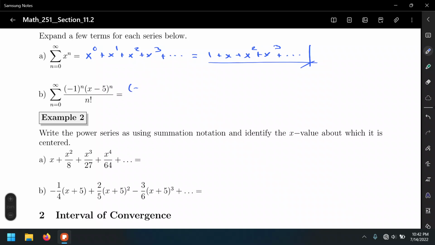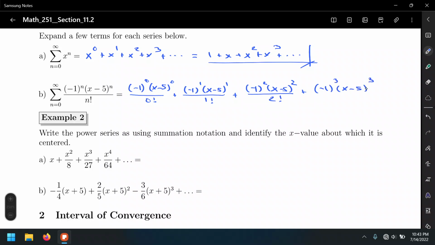So we're going to have negative 1 to the 0, x minus 5 to the 0 over 0 factorial, plus negative 1 to the first, x minus 5 to the first over 1 factorial, plus negative 1 to the second, x minus 5 to the second over 2 factorial, plus negative 1 cubed, one more, why not, plus dot dot dot. Remember, those 3 dots denote that the series goes on forever, to infinitely many terms.